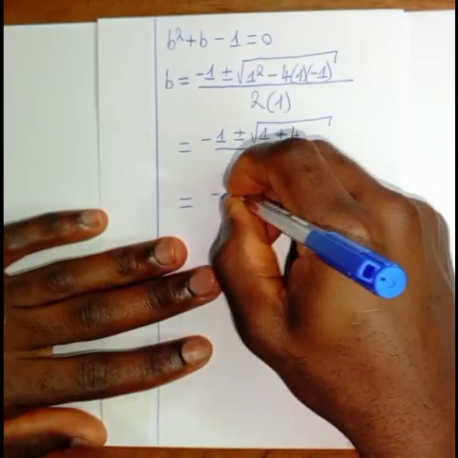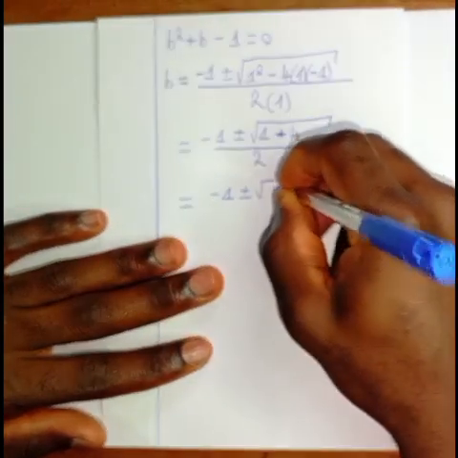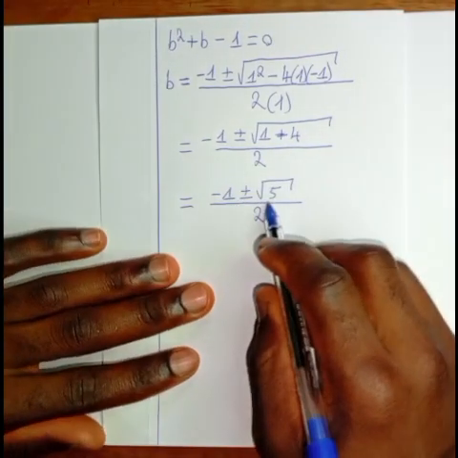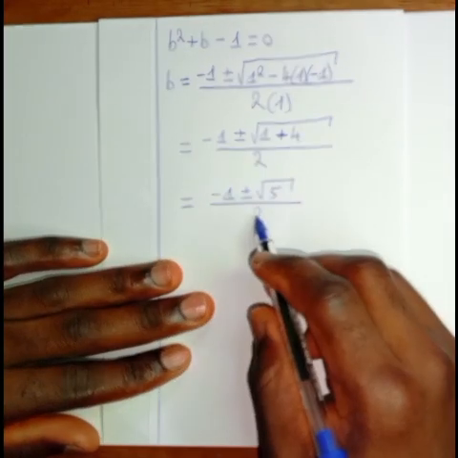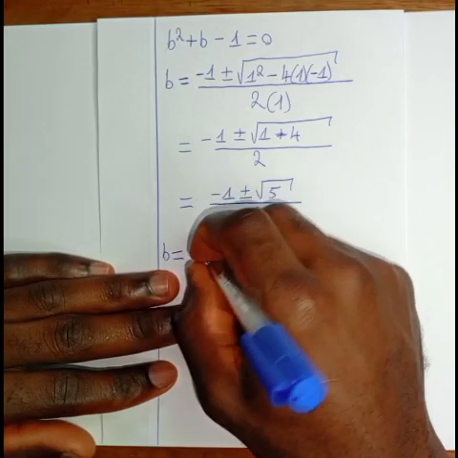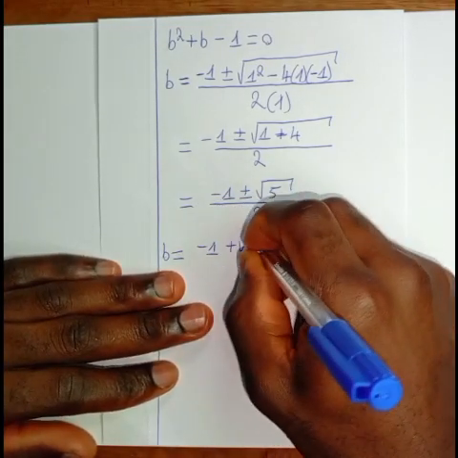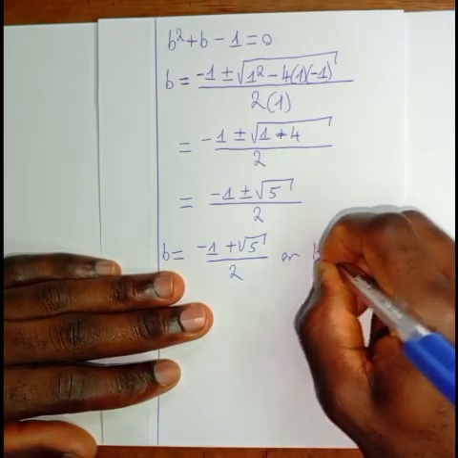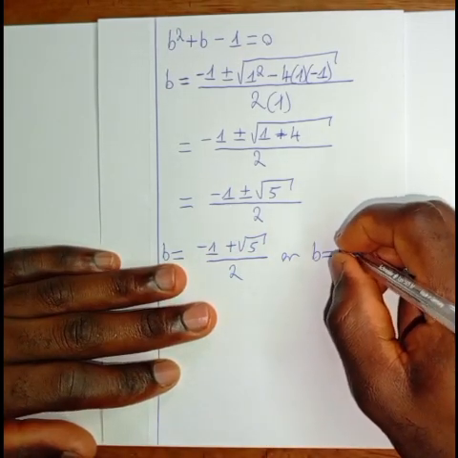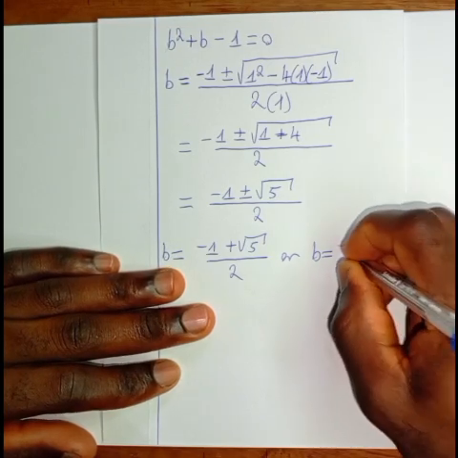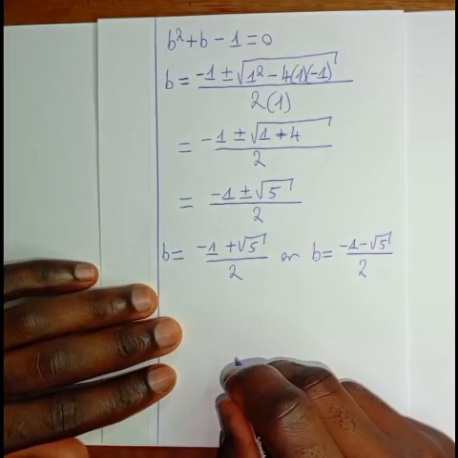This will give us -1 plus or minus the square root of 5 all over 2. 5 is not a square number, so we are going to leave it in surd form. This will give us b to be equal to -1 plus root 5 over 2, or b is equal to -1 minus root 5 all over 2.